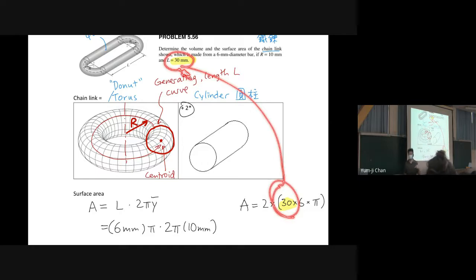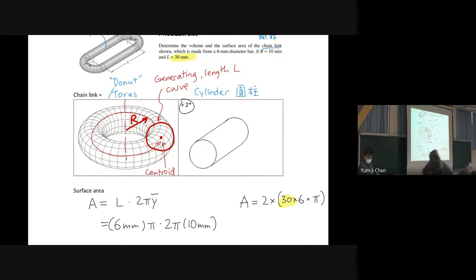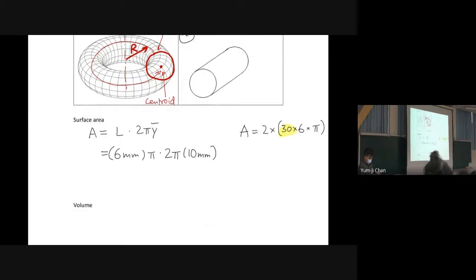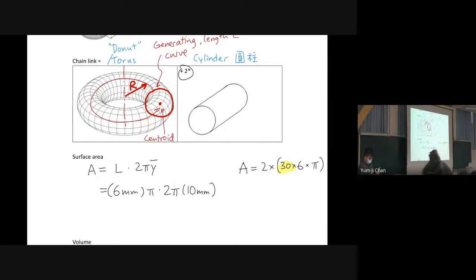Now, after that, you should be able to calculate the total area. Let me put it as A1 and A2. So A is equal to A1 plus A2.